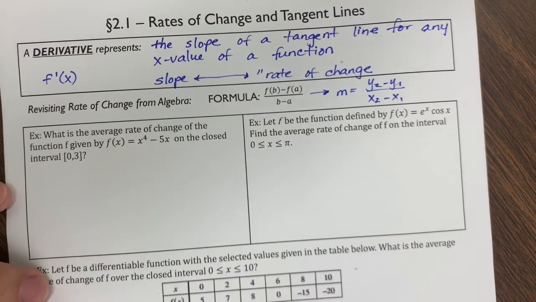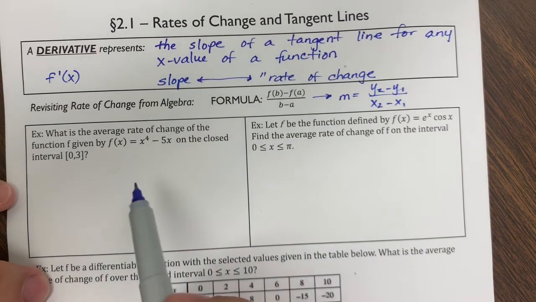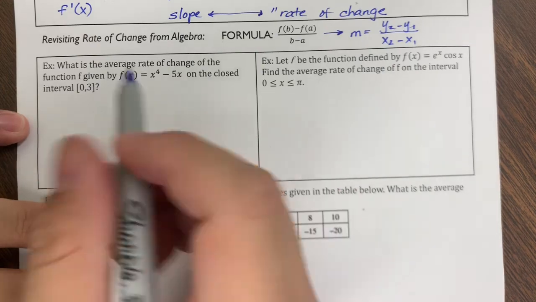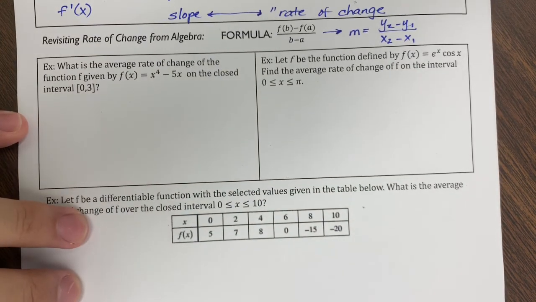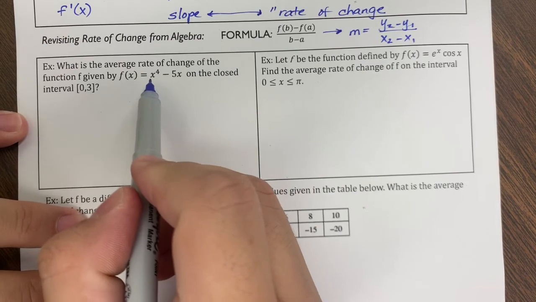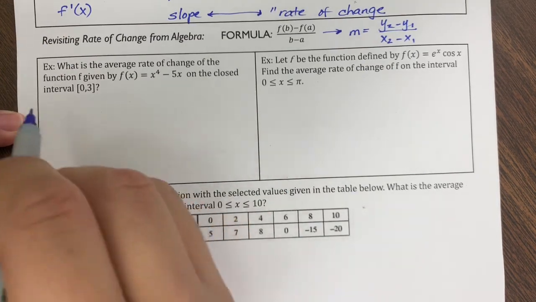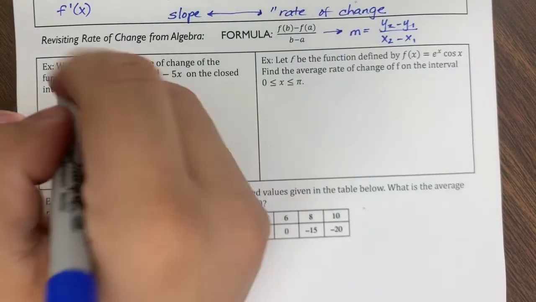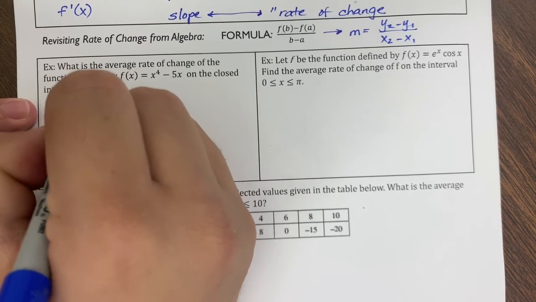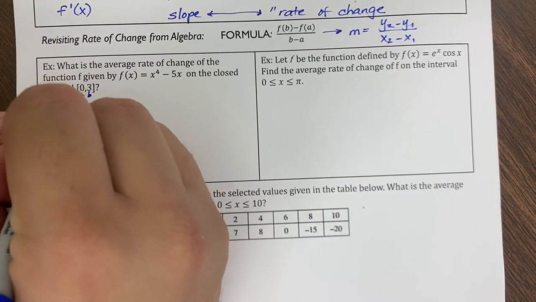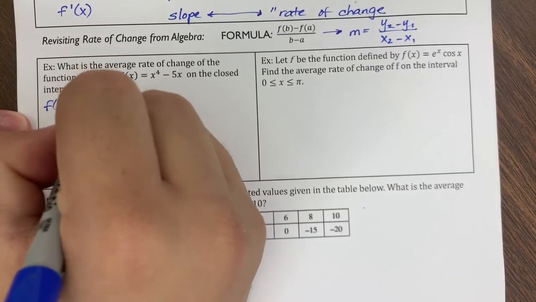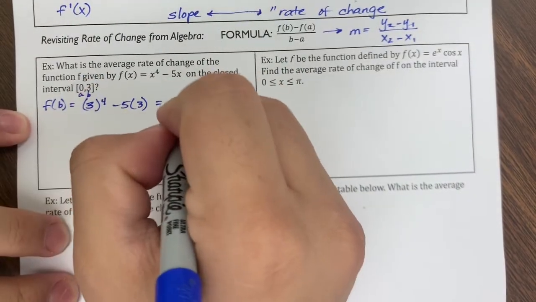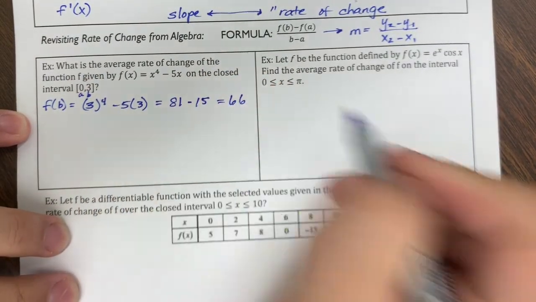Occasionally I have seen old AP exams ask rate of change problems, so let's work out a couple of those to remember how to do it. It says, what is the average rate of change of the function f given by f of x equals x to the fourth minus 5x on the closed interval 0 to 3. Applying the formula, let's say this is a and b, and first figure out f of b. f of b is 3 to the fourth minus 5 times 3, which is 81 minus 15, which is 66.